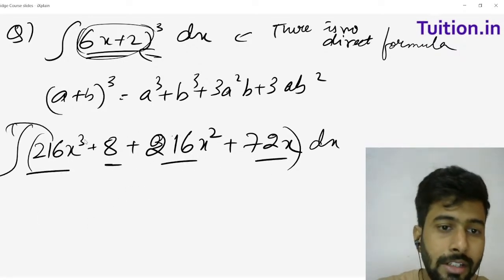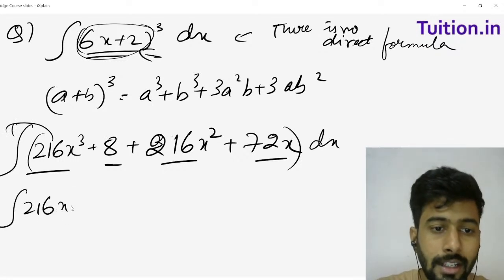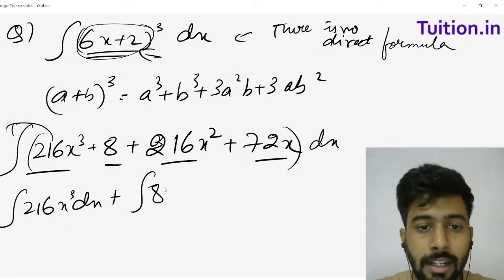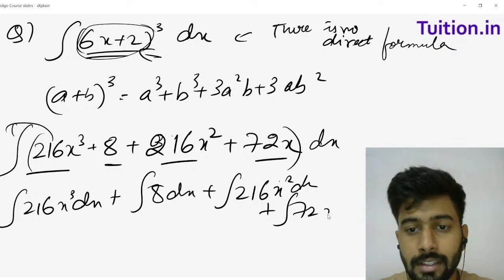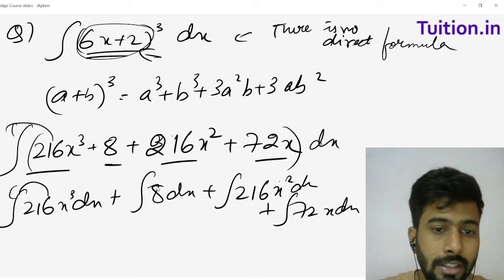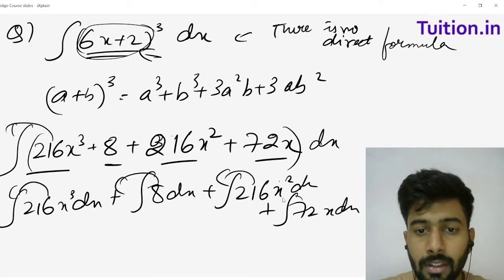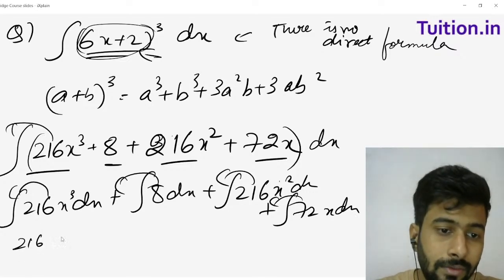You can pull the constants out. Integral 216x cube dx plus integral 8 dx plus integral 216x square dx plus integral 72x dx. Pull the constants out if you want. You will have to, actually.